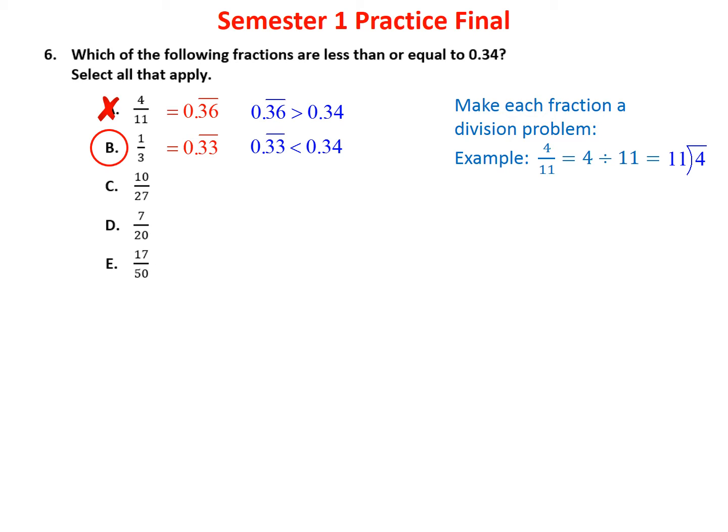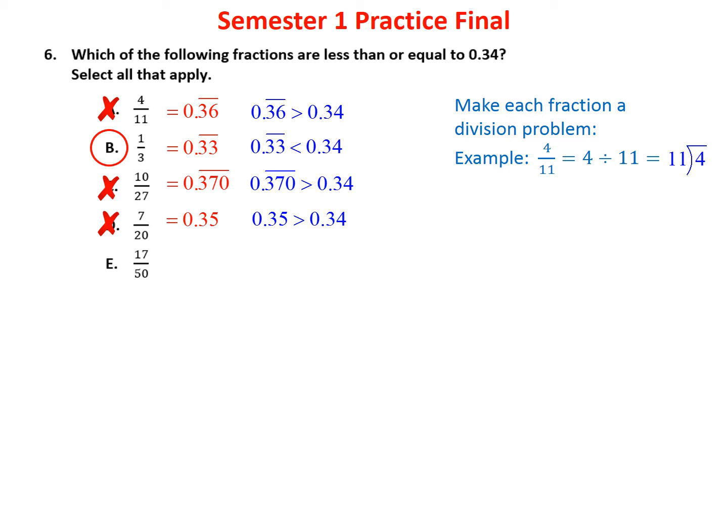C, take 10, the numerator, and divide it by 27. So I get 0.370 repeating, and notice that 37 is bigger than 34, so this would not be an answer. D, take 7 and divide it by 20 on your calculator, and you get 0.35. Once again, 35 is bigger than 34, so that's not an answer.